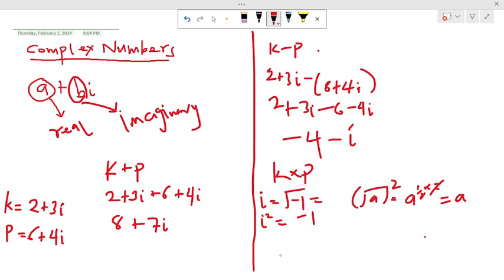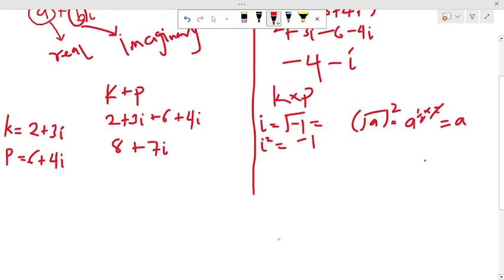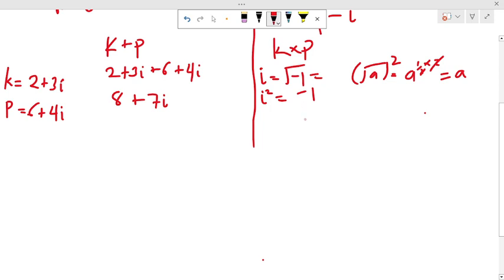And so let's come back to the multiplication of these two complex numbers. We know that k is equal to 2 plus 3i and p is equal to 6 plus 4i.